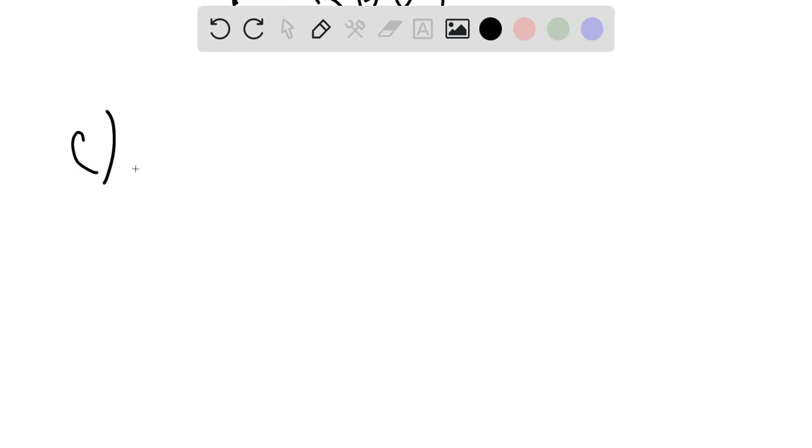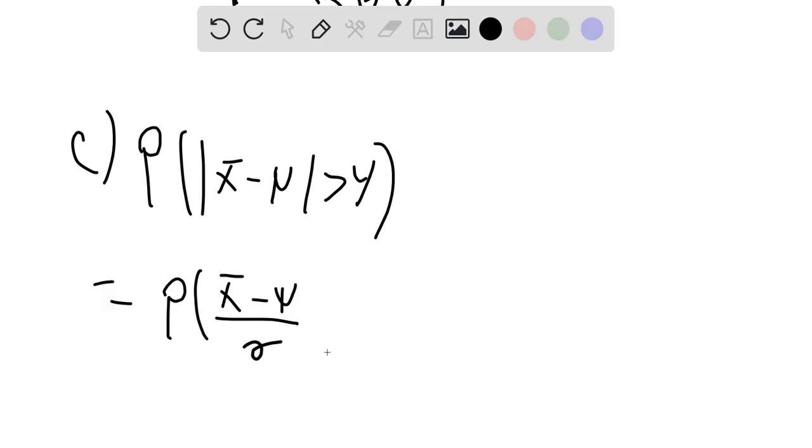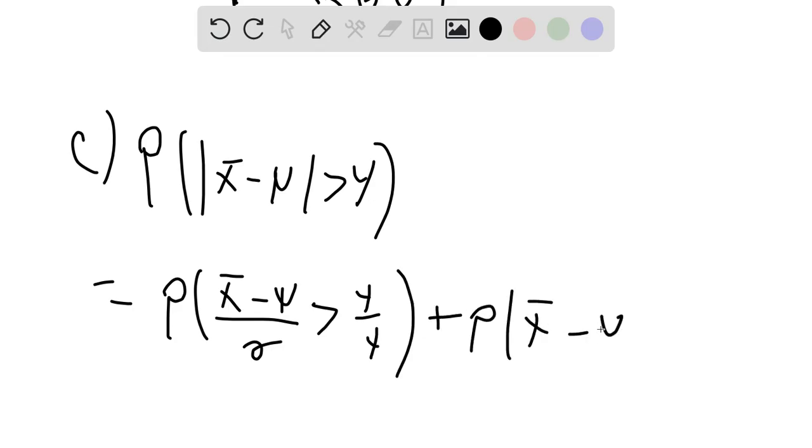And then for part C, the sample mean differs from the population mean by more than 4 hours. So now we have the probability that the absolute value of X bar minus mu is greater than 4. So this is equal to the probability that X bar minus mu over sigma is greater than 4 over 4, or 1, plus the probability that X bar minus mu is less than negative 4.